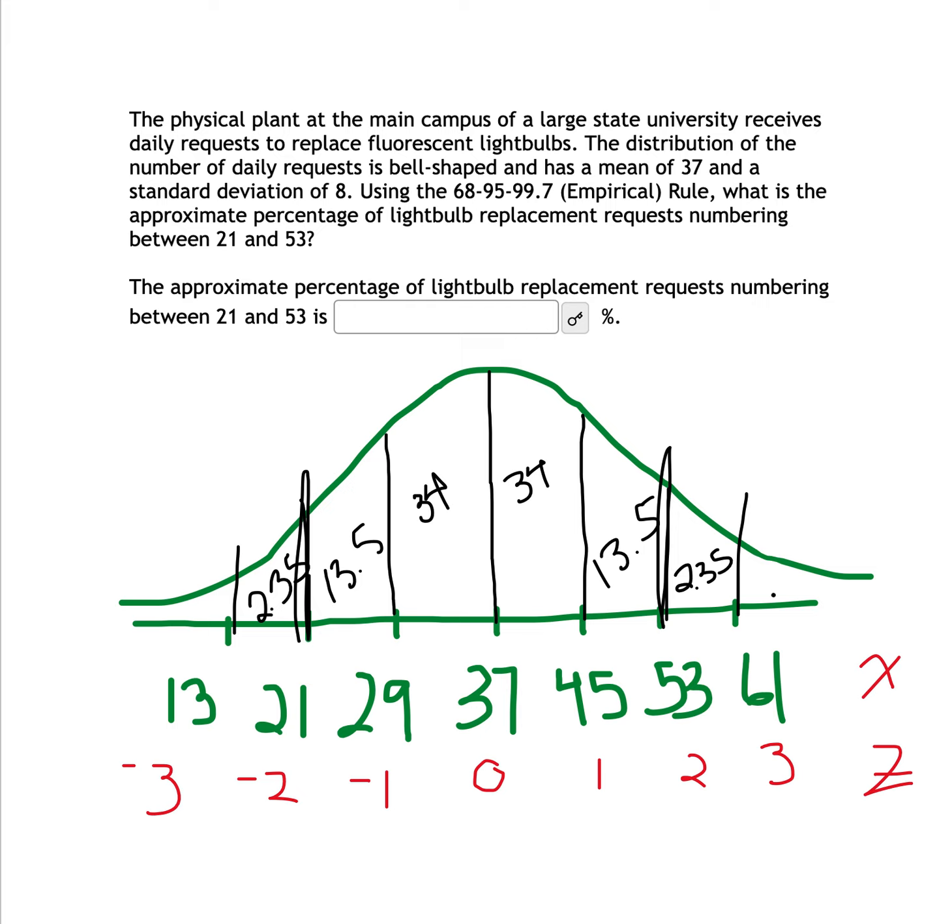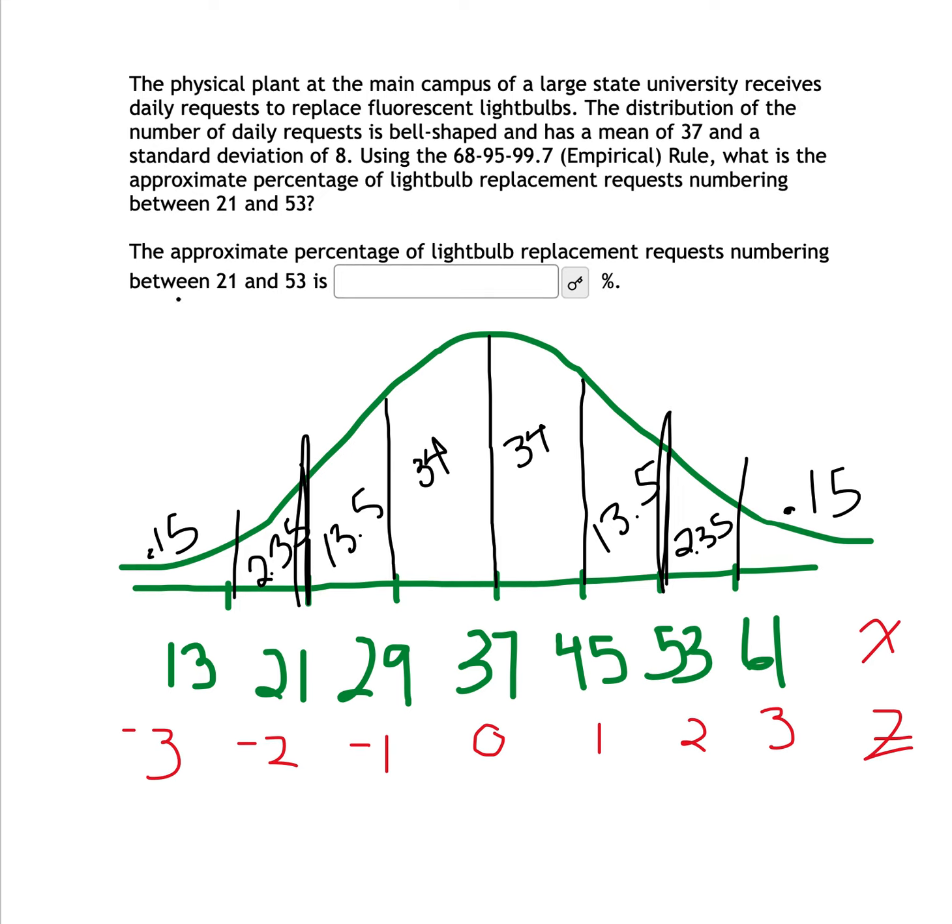So now I got to take that 0.3% and split it on either wing. So I know that this little wing here on the left is 0.15% of the data. And then on the right, this is 0.15% of the data. So now we have our graph all set up.